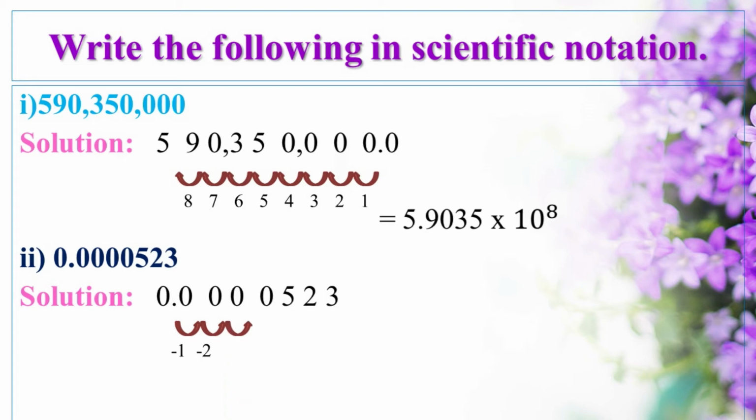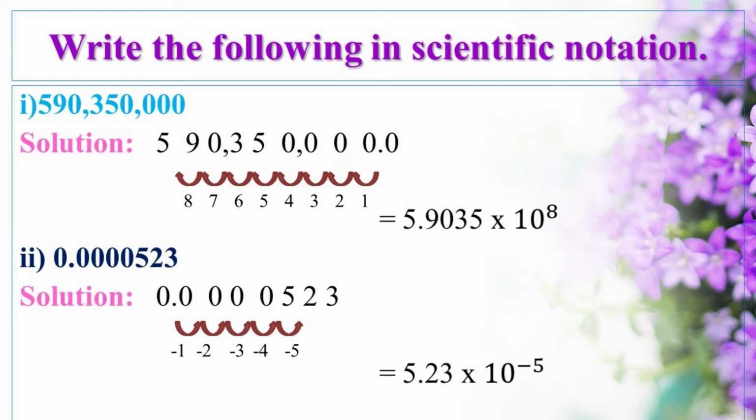Likewise, next we move third place, fourth and fifth step, only then we reached the first number 5. So we have moved 5 places from the left to right. On moving from left to right, the power will be negative.